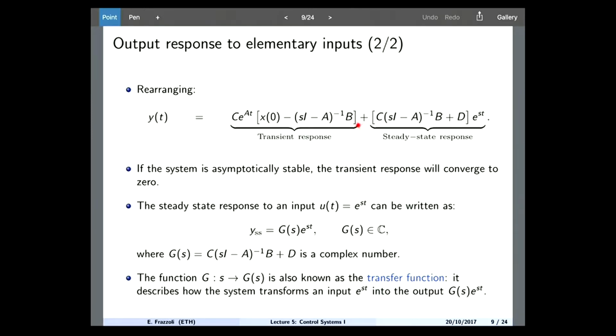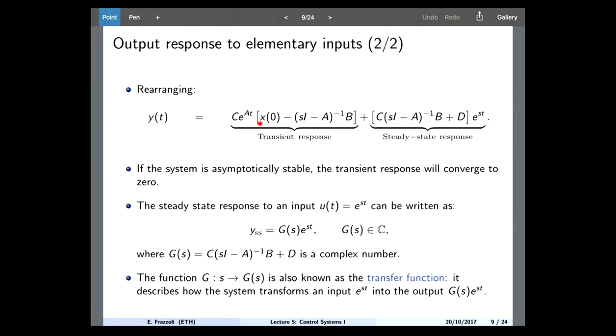Now, what can you say about these terms? The stuff between the square brackets, however complicated, is a constant. It's some number or some matrix, and the whole thing gets multiplied by e to the power at.